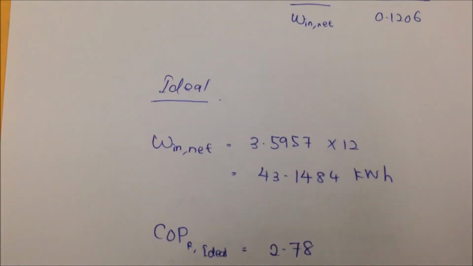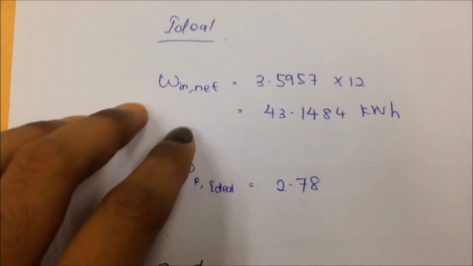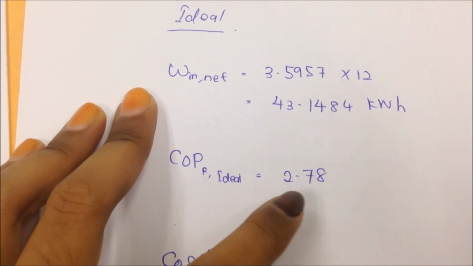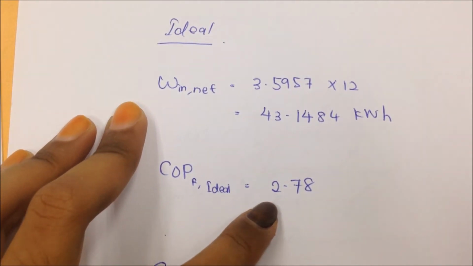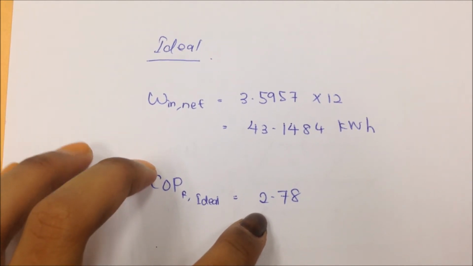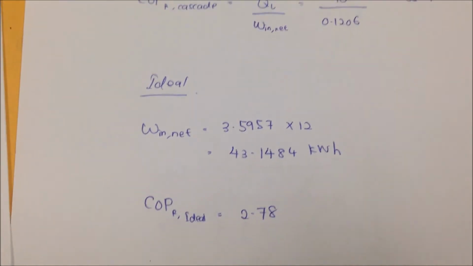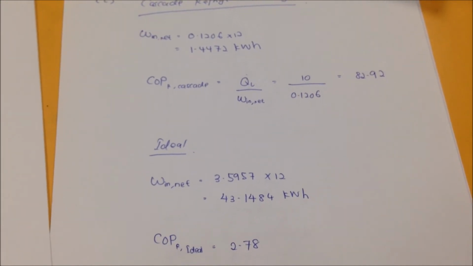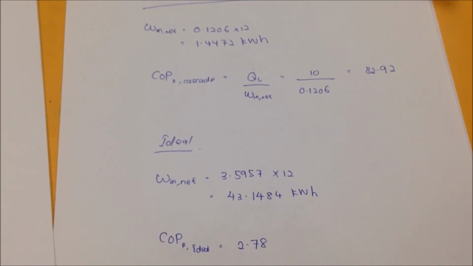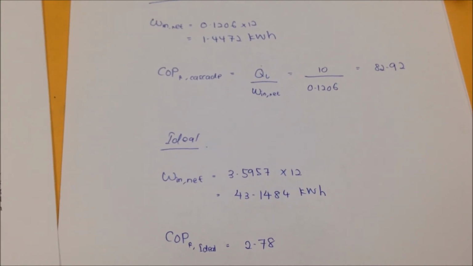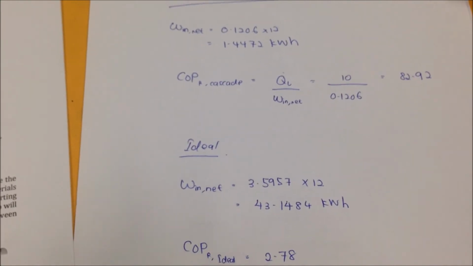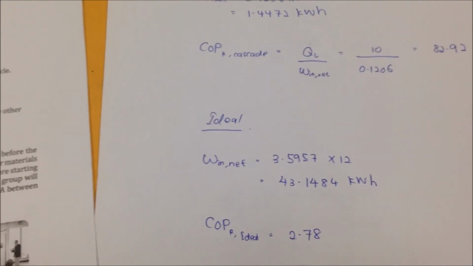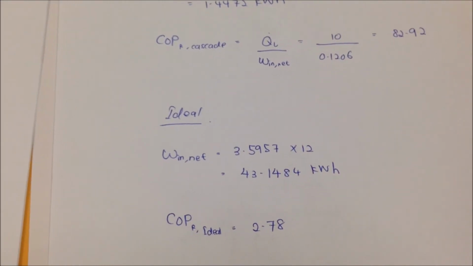And this is the W in net for the ideal system, and the COP for ideal is 2.78. For the comparison between both systems, we identify that Cascade can produce a higher COP than Ideal, which is good for the system.